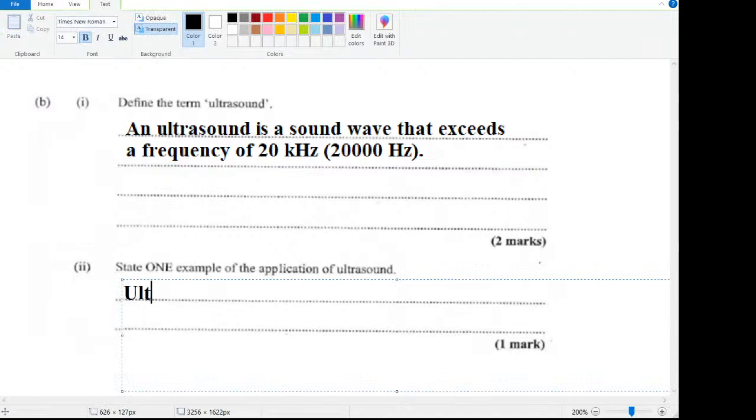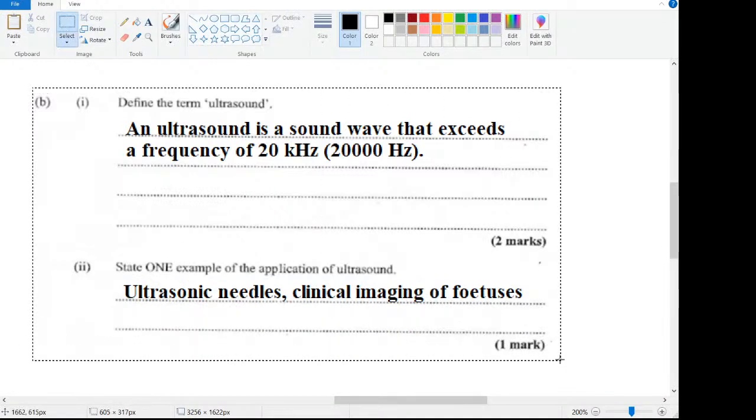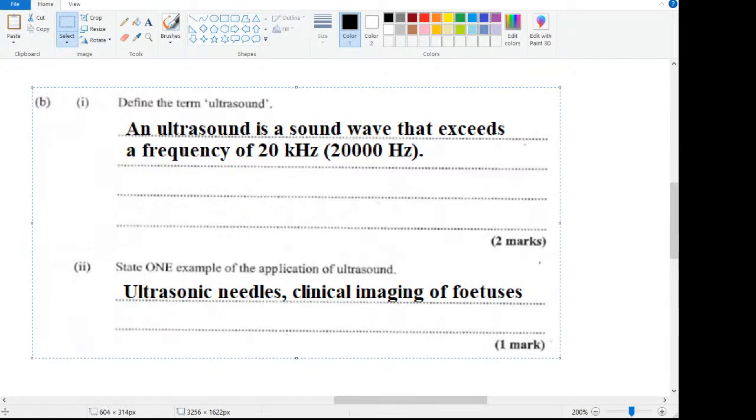State 1 application: clinical imaging of fetuses, something like that, when you're going to see the baby is healthy. It's just one mark. They also use it for dentistry, cleaning needles, and to clean jewelry, to scrape up the oxidation.